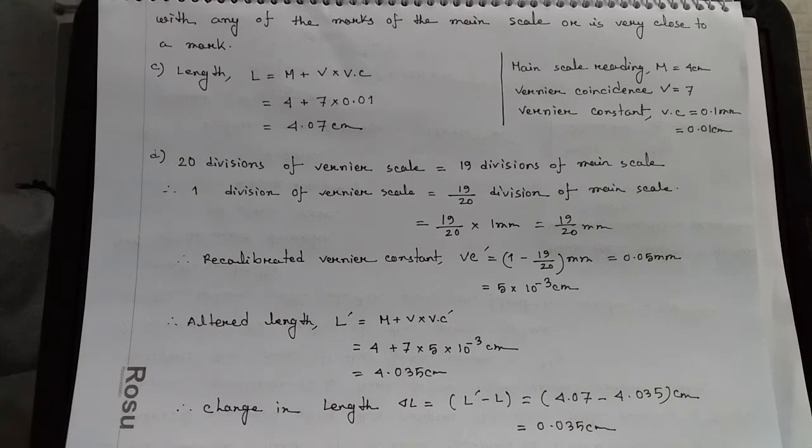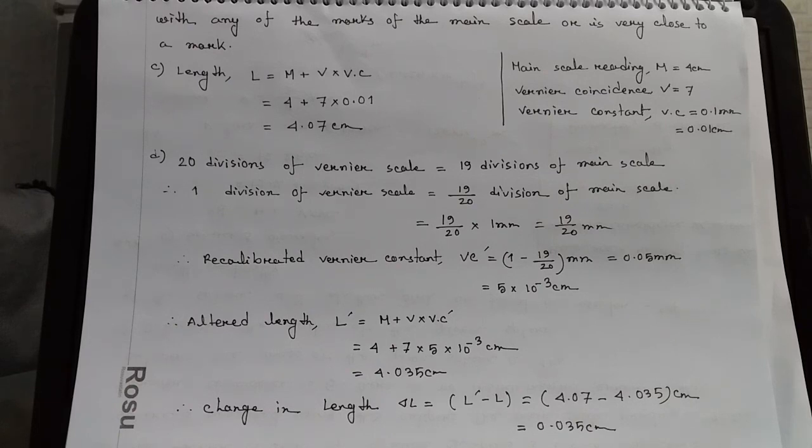A question may arise here: as the scale is recalibrated, it is quite natural to have a change in the Vernier coincidence. But as the question does not mention anything about this, we will take the given values that we used for question C. Using those same values, we will determine the altered length again.